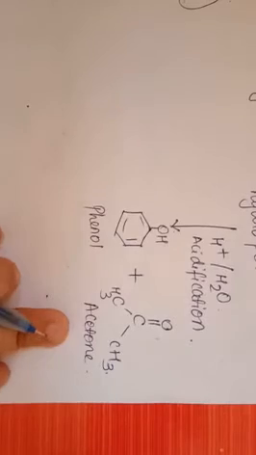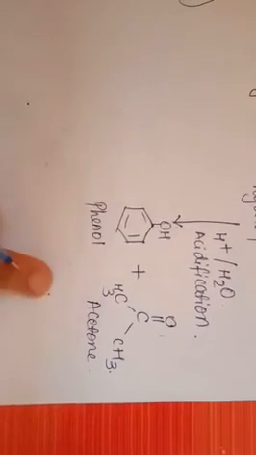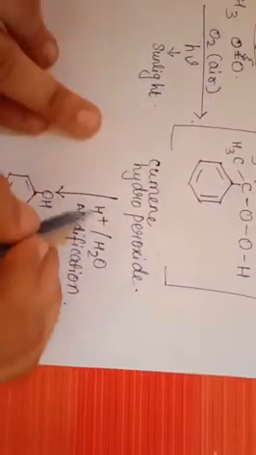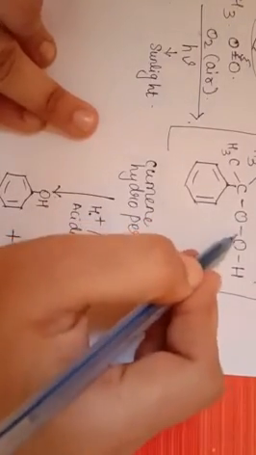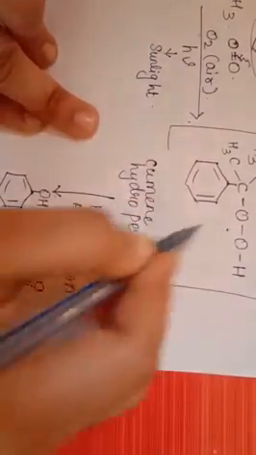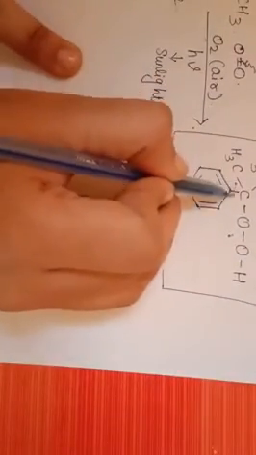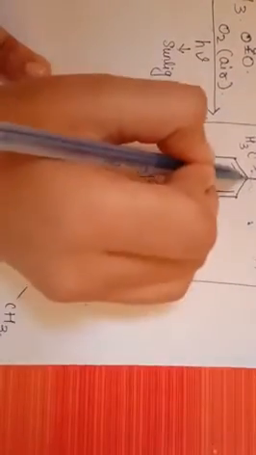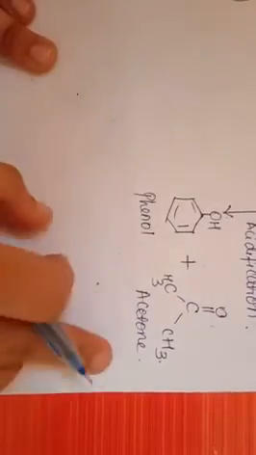Still you get it in good yield, both the products, phenol as well as acetone. How you will get these two products? This H plus, what it will do, it will break the bond here and this acetone will separate here, means two bonds are breaking here, you can see that, and this OH will join here and form phenol. So you will get here ultimately two products, that is phenol and acetone.